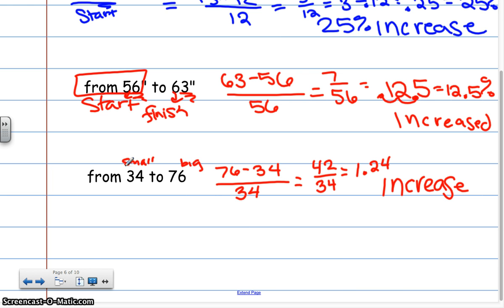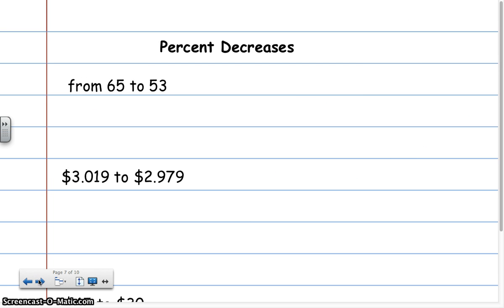Okay? And now I have to convert that to a percent. I had 124% increase. Want to do another one? Yeah, I got 1.235.